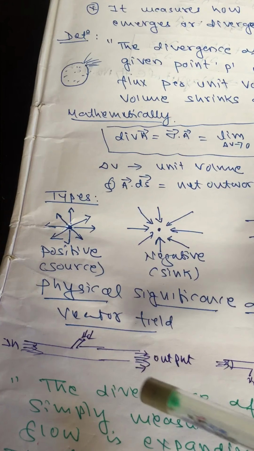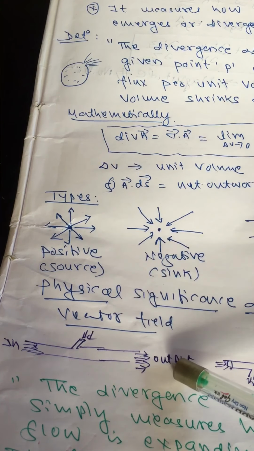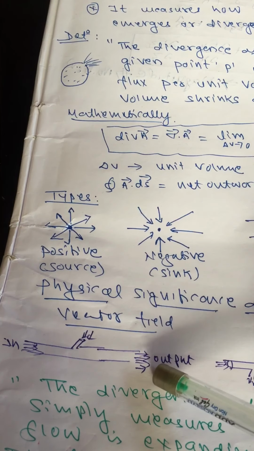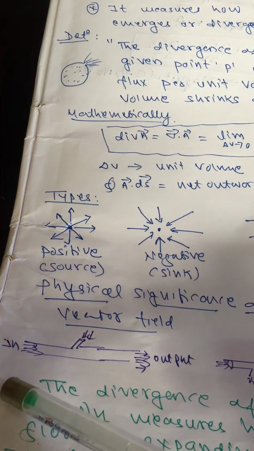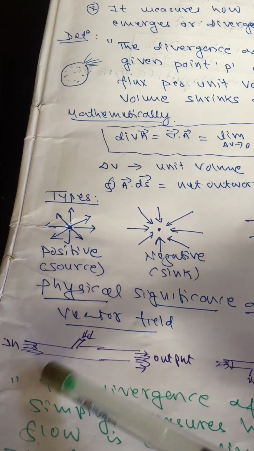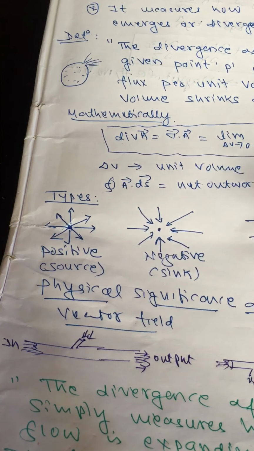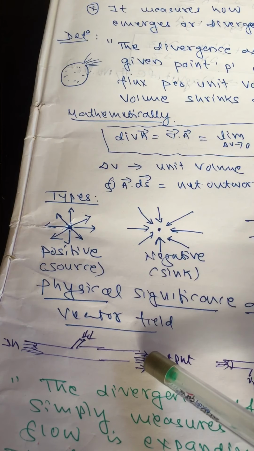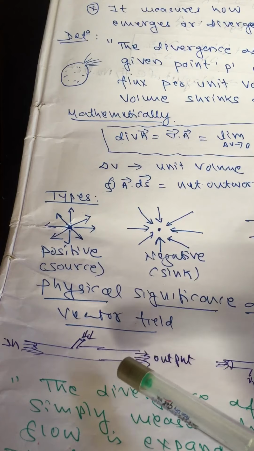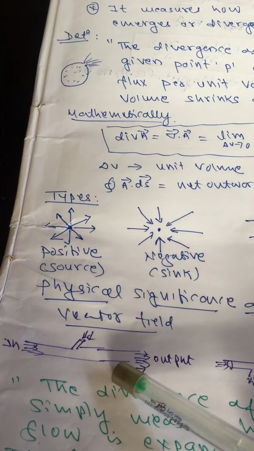So what happens? The quantity of output of water is greater than the input, because addition is there. So the mass rate of flow is greater here, and then it is called positive divergence.